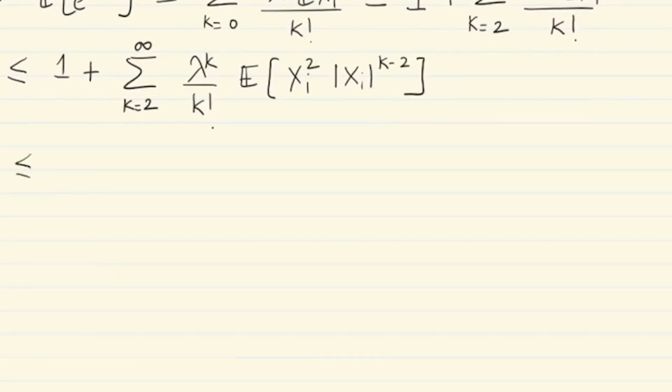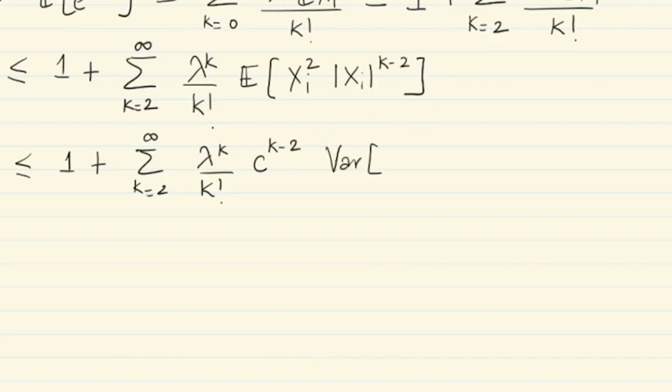So this is at most 1 plus the sum of lambda to the k by k factorial. The absolute value of xi is bounded by c, and then what remains is just the variance of xi. Let's denote this by sigma i square. This is the variance of xi.